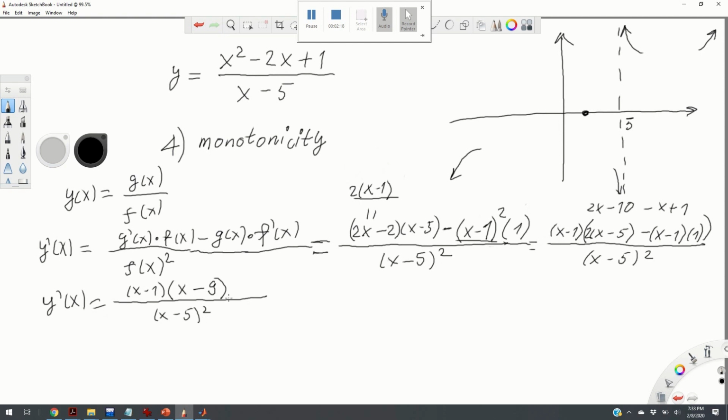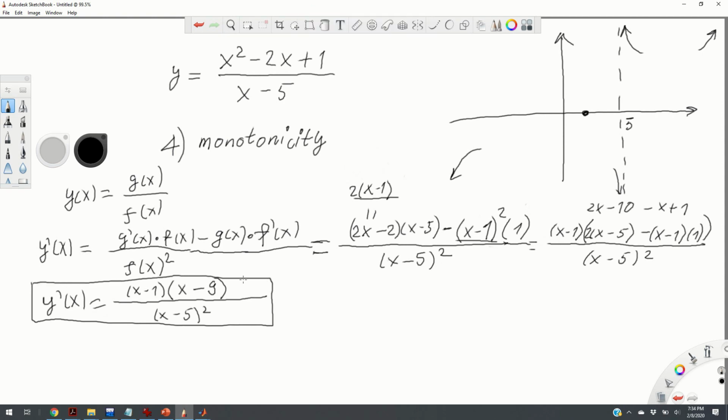Okay. Now, the next goal is to investigate the sign of this function. Now, we see that the first derivative is again a rational function. In the denominator, we have a positive value. So no matter what x is, whatever you choose for x, the denominator will always be positive.